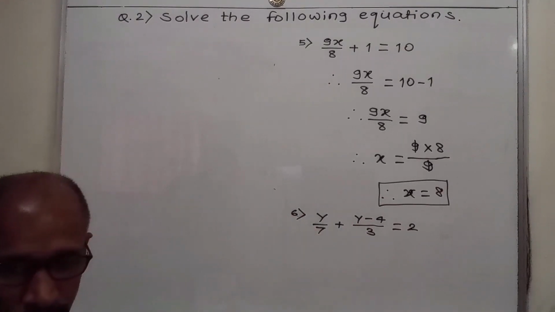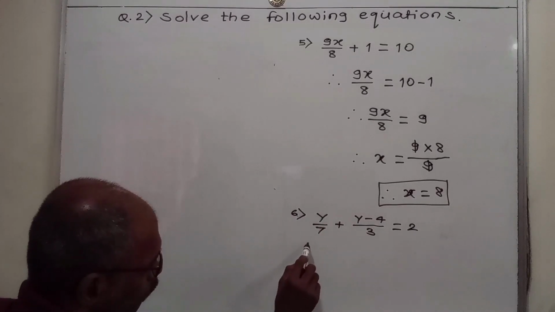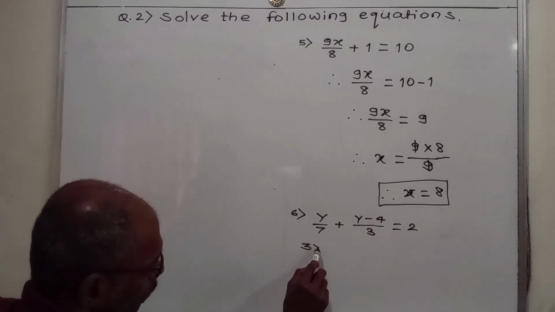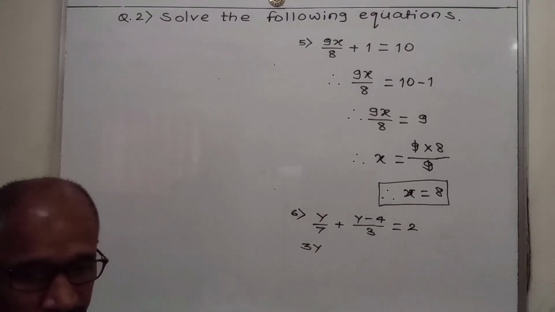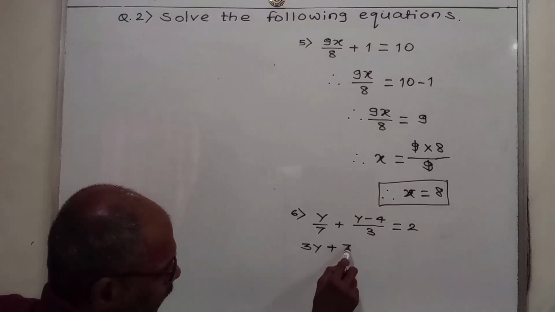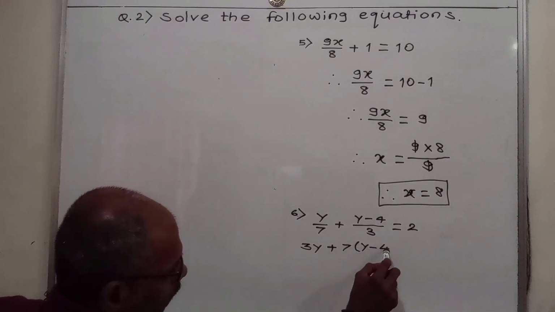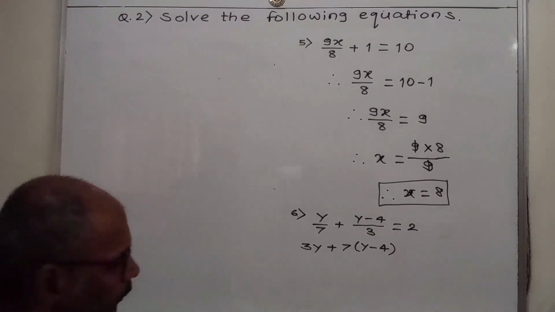Cross multiplication. See here, 3 into y, what is 3y? Then plus 7, we take this and multiply to this bracket. Did you get it?